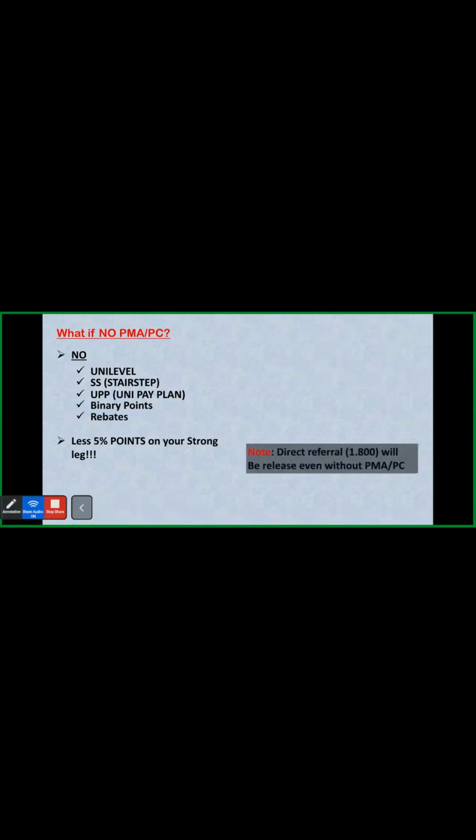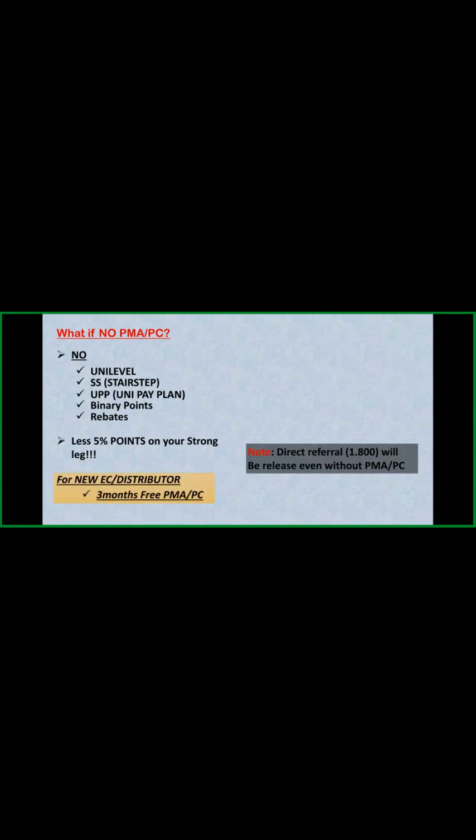Now, note, the direct referral of 1,800 will be released even without PMA or personal consumption. Are you together? So vile tu nimewambia, you will earn the sponsoring bonus, the connecting bonus, but you will not earn the pairing bonus here, 4,800, because binary points hazitakuwa zinaingia kwa system.